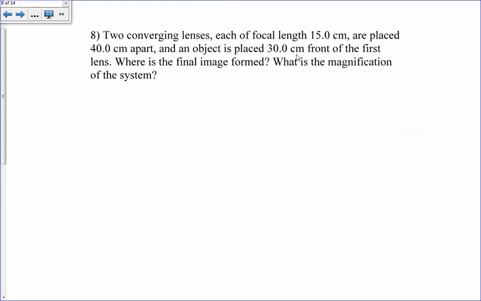Two converging lenses, each a focal length 15 centimeters, are placed 40 centimeters apart. An object is placed 30 centimeters to the front of the first lens. This is a two-lens system. Draw an axis first, an optical axis.